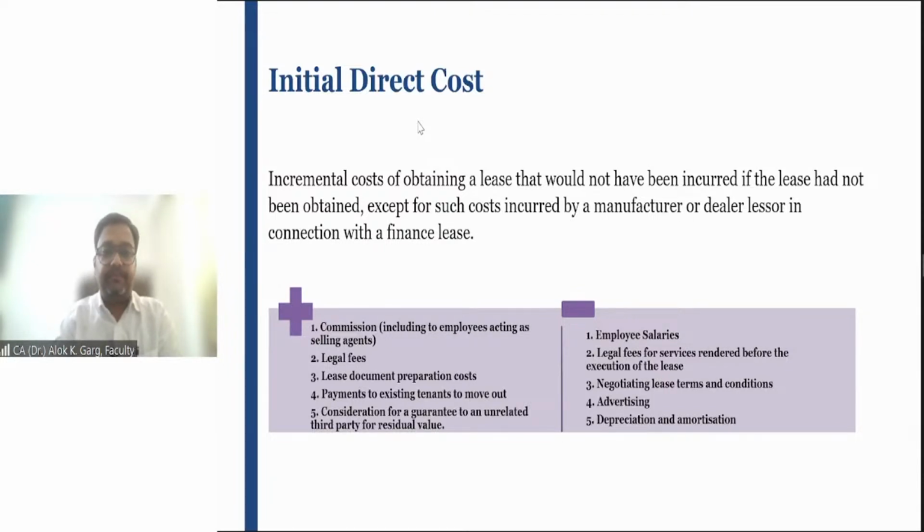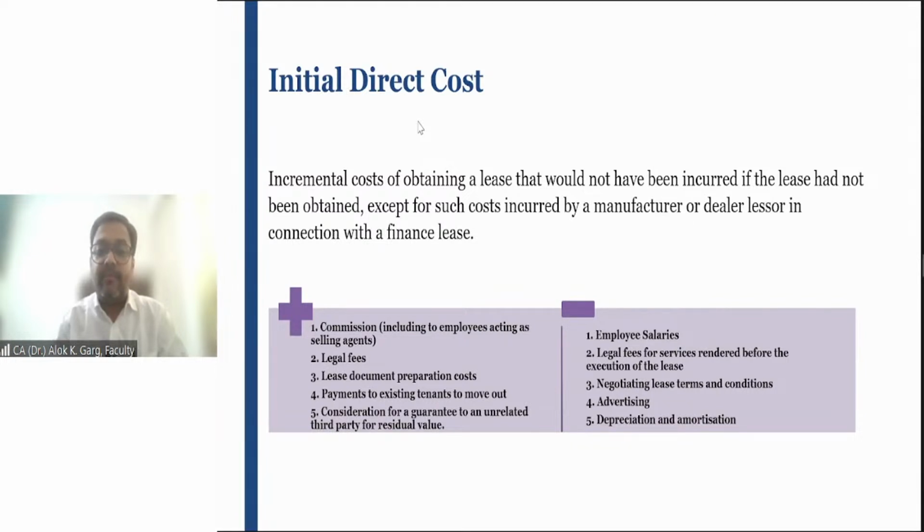Kusuma, Shruti, Jigar, Abdul, can you please give me an example of initial direct cost? This concept is as simple as the concept which you learned in Ind AS 16 Property, Plant and Equipment. You remember the directly attributable cost, initial direct cost at the time of acquisition of PPE.